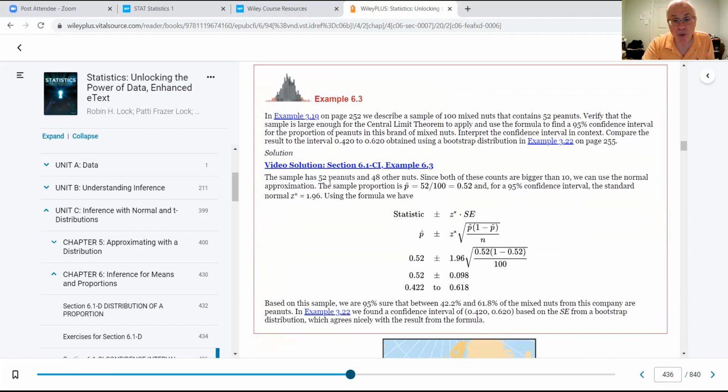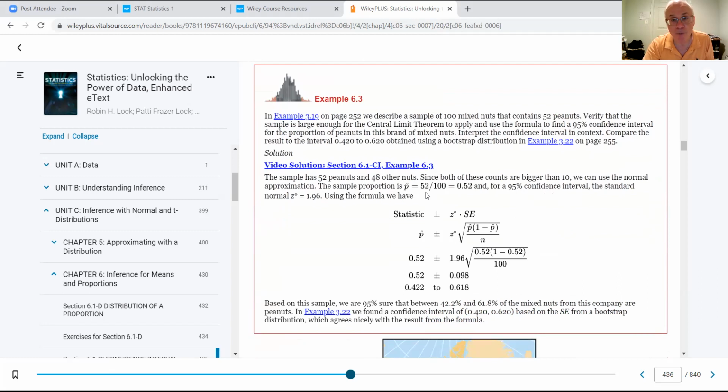Now, it says the sample has 52 peanuts and 48 other nuts, right? So we have a sample of nuts, mixed nuts, 100 mixed nuts. And the sample, if we count the number of peanuts in the sample, out of 100 nuts, there's 52 peanuts. That means the other 48 are other types of nuts.